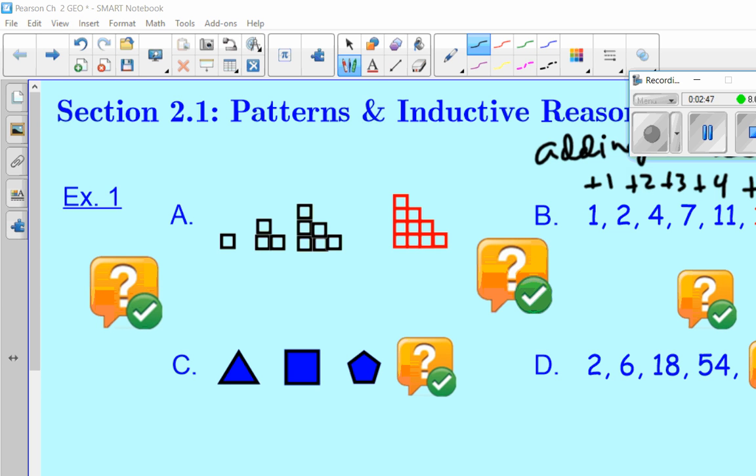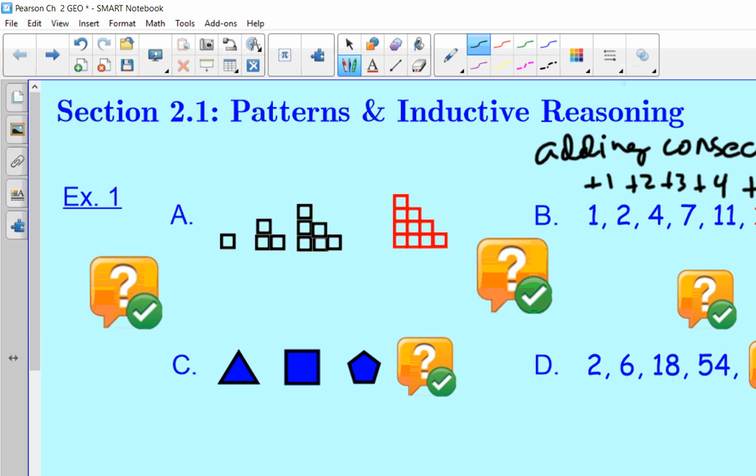Okay, we're looking at C. Then I'm looking at geometric figures. And I start with a triangle, I go to a square, I go to a pentagon. So it looks to me like I'm adding sides to the previous figure.